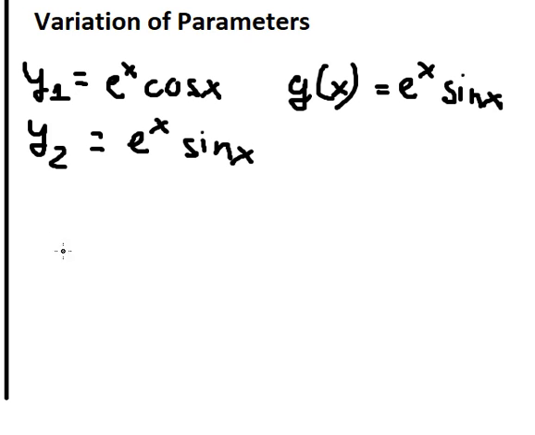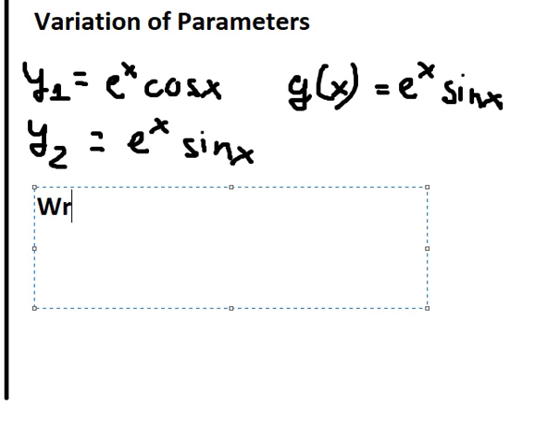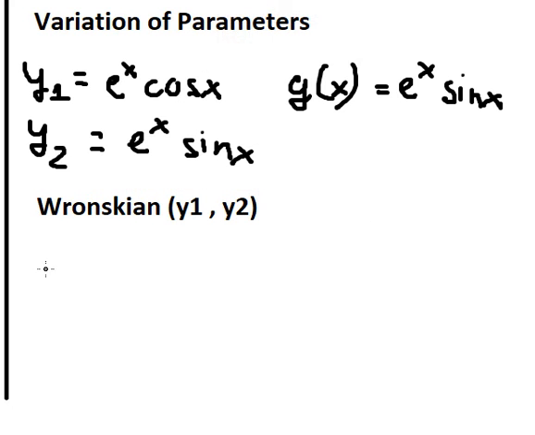So in this one we can use the Wronskian of y1 and y2. So we have W of y1 and y2. That should be the matrix.